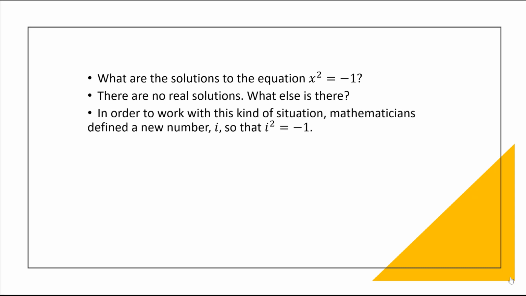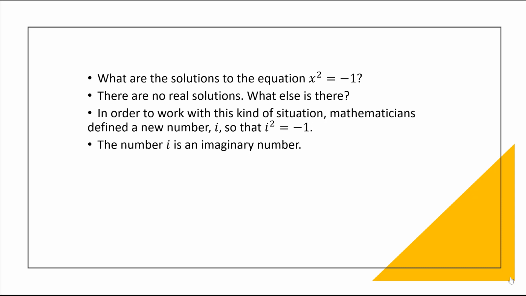So mathematicians came up with this idea of the number i, which is the number such that i squared is -1. And so that is called an imaginary number, and it's not imaginary because it's not real.